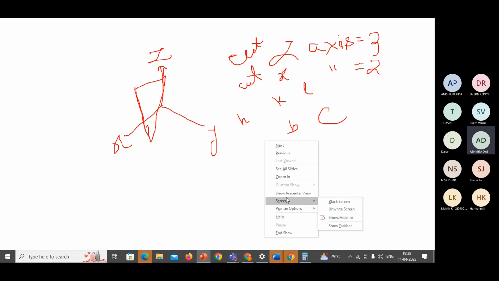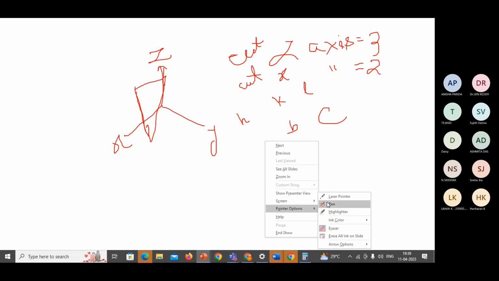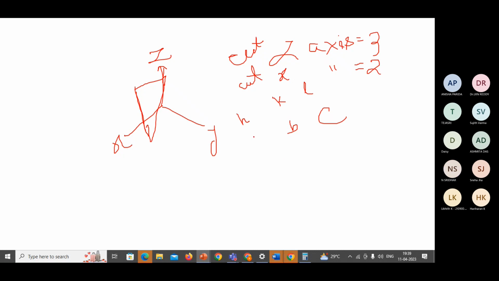Did I make the question clear to all of you? Anyone have any doubt, please ask. Yes, ma'am. Okay, so in H, what value should we write in the place of A in the blank space here?